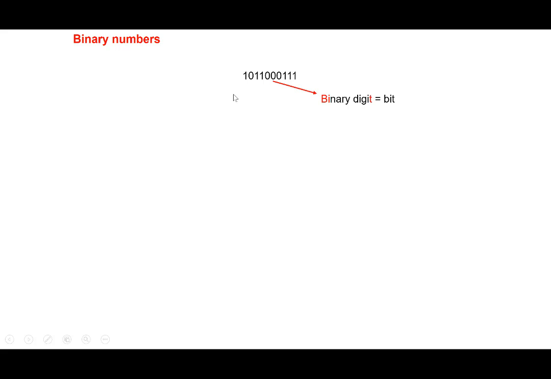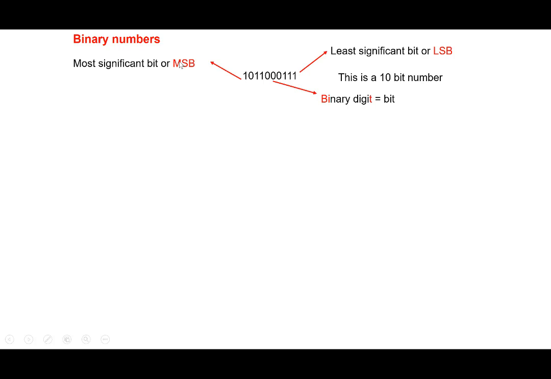Okay, so we've been saying that each binary digit is what we call a bit. If we count, this is a 10-bit number, and this is what we call the least significant bit, LSB, and this is the most significant bit, which we call the MSB.